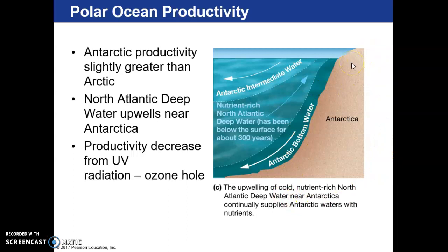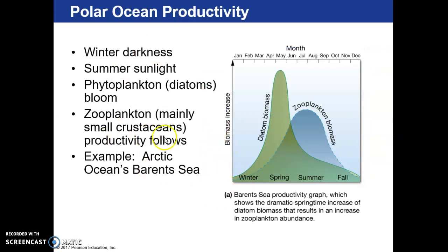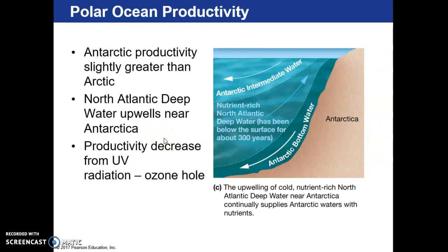So not only do we have the same type of scenario with sunlight as we do in the Arctic, but now we've also added the characteristic of upwelling. So in Antarctica, it's incredibly productive once you hit springtime, because of having that upwelling, in addition to having all that sunlight available all of a sudden.